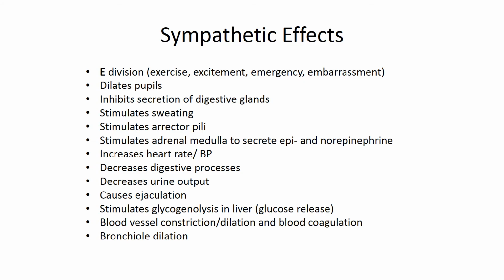Sympathetic effects can be seen widespread throughout the body. And the sympathetic effects can also be augmented from the adrenal medulla. The adrenal medulla secretes epinephrine. It can augment or enhance the effects of the sympathetic nervous system.